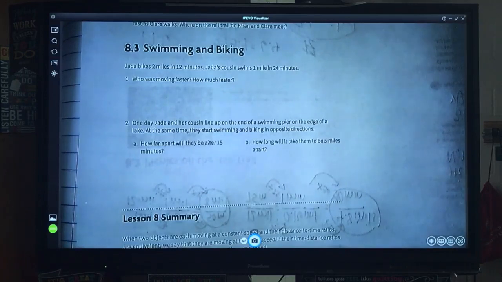I was just joking. 8 miles. 18 miles. Yeah, it's 18. So Jada's going faster. And if you divide this by 3, you get 18. That's what I thought, but how do you get 18?